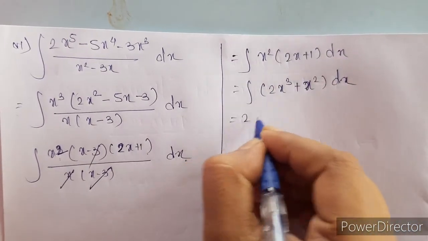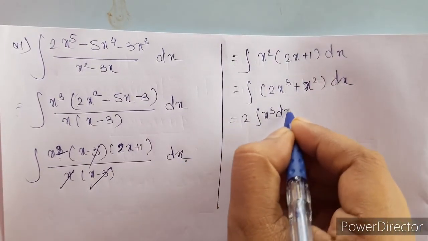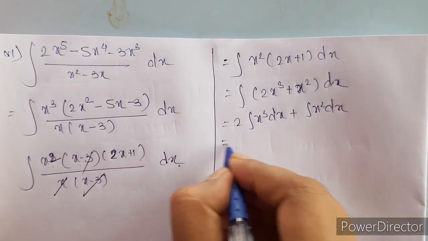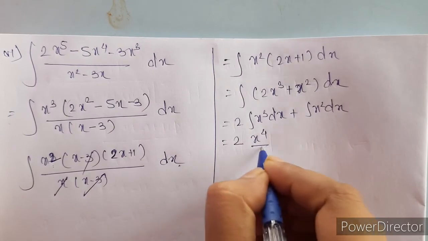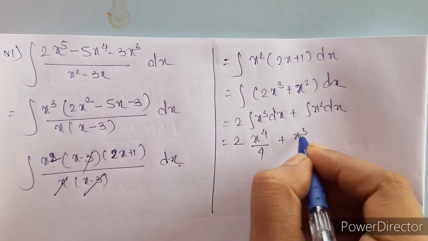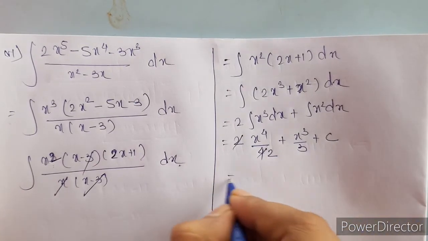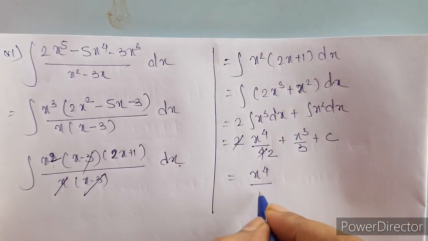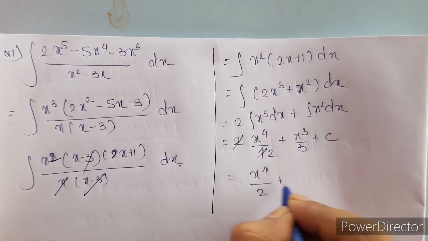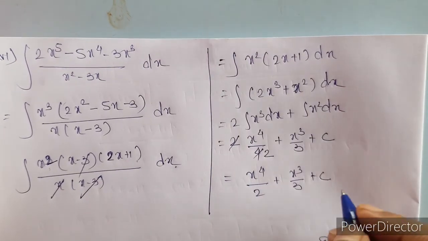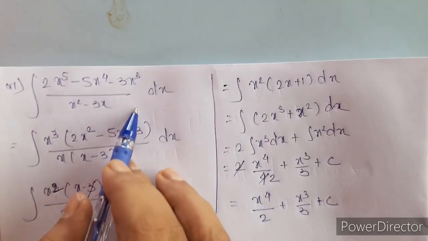So 2 is a constant, integral of x cube with respect to x plus integral of x square with respect to x. 2 as it is, this will be x to the power 4 by 4 plus x cube by 3 plus c. Can cancel this. So we can write this as x raised to power 4 by 2 plus x cube by 3 plus constant. So this is the integral of this function.